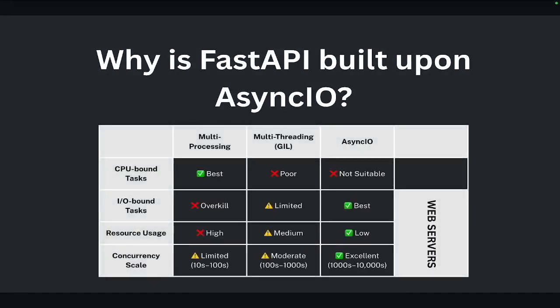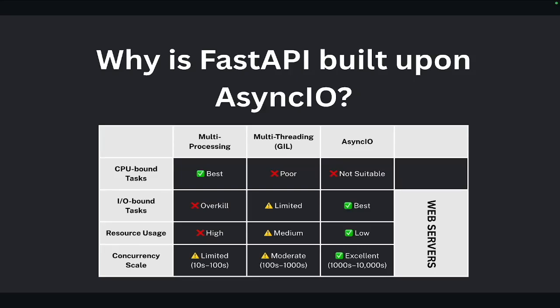Now let's do a comparison of the three multitasking approaches to find the answer to our question. Multiprocessing is suitable for CPU-bound tasks. It is a resource-heavy approach, so it can be ruled out for lightweight I/O-bound tasks, being an overkill of resources. On the other hand, multithreading with the GIL had been considered an option for IO-bound tasks before AsyncIO was introduced in Python.